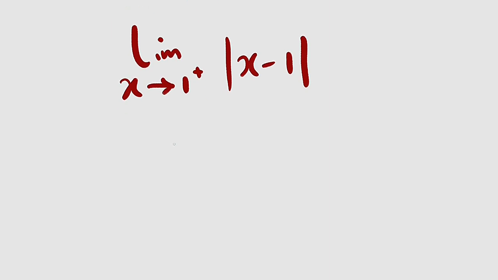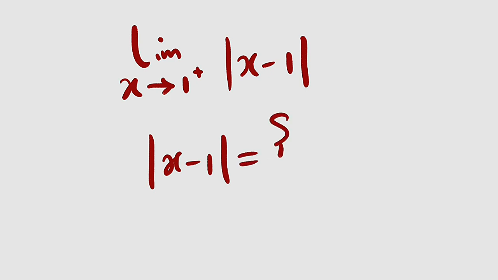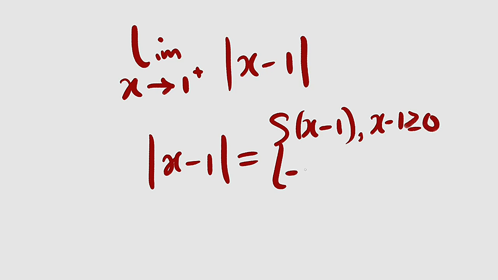First of all, you should know that the absolute value of x minus 1 can either be positive x minus 1, if and only if x minus 1 is greater than or equal to 0, and it can be negative x minus 1 if and only if x minus 1 is less than 0. So this information is very important.